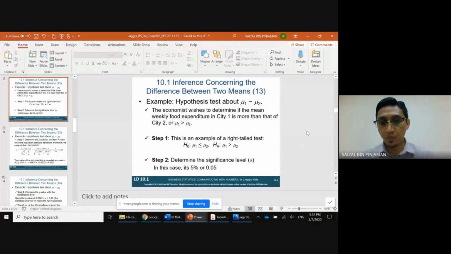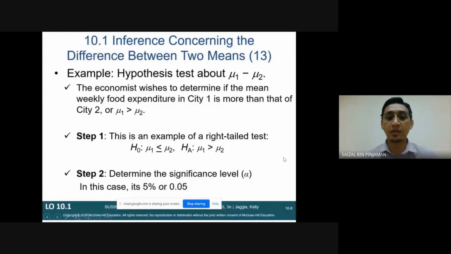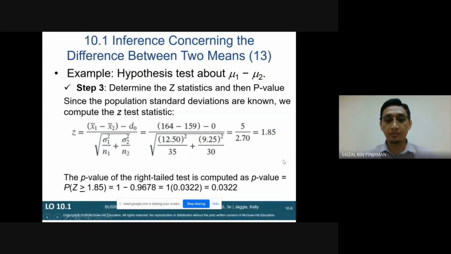So we don't have the equal to and not equal to. We either have larger or smaller, if not equal to. That is the only symbols or information that we have on the statement. So p-value is 3.22%.